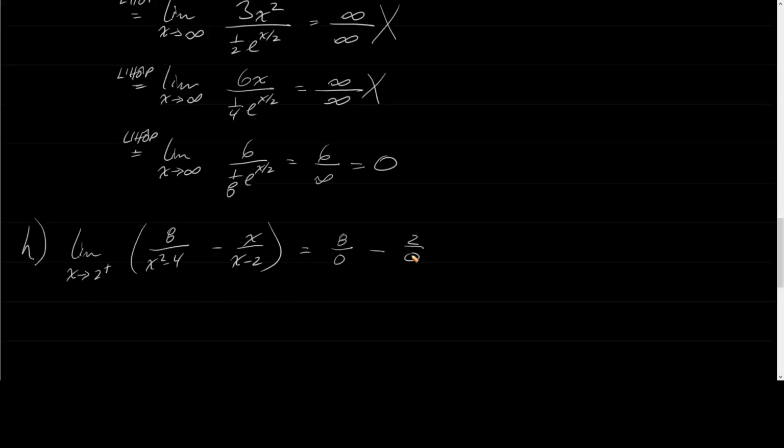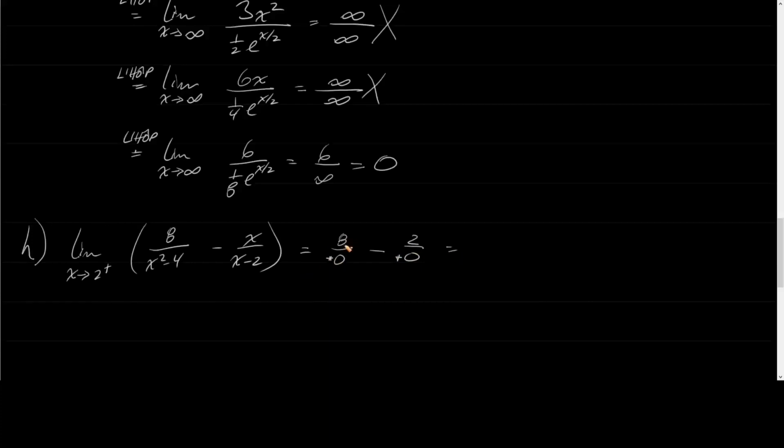We're approaching 0 from the right, so we end up with a positive 0 in both of these cases. What do I mean by that? Think about a value to the right of 2, like 2.1. 2.1 squared minus 4 is going to be a positive value. 2.1 minus 2 is a positive value. So that's what I mean by positive zeros.